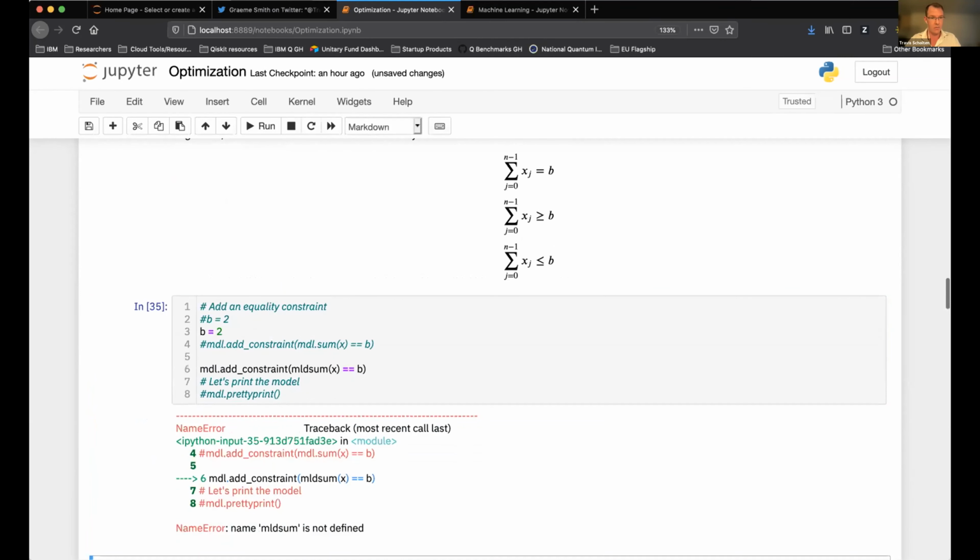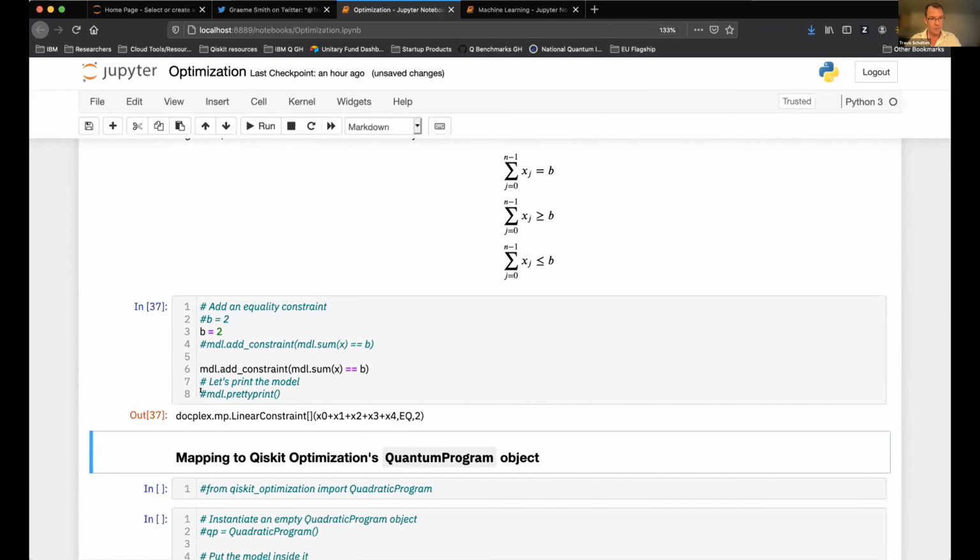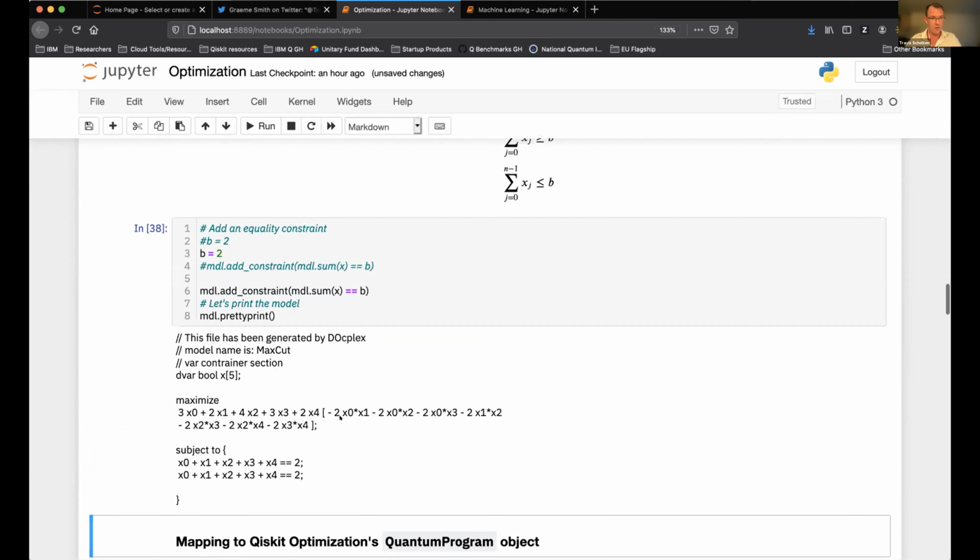It's been a long day. We'll go ahead and print that model. And you can see that now we've added an equality constraint. Actually, because I executed this cell twice, it added that constraint twice.